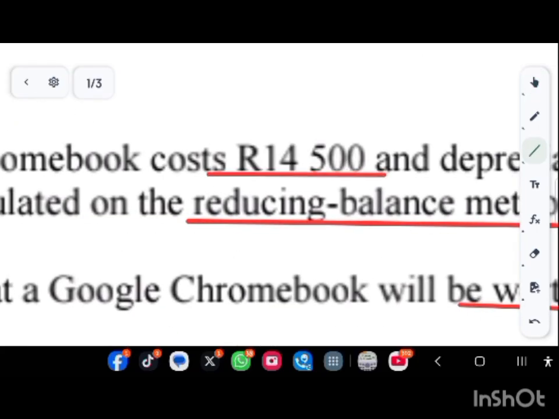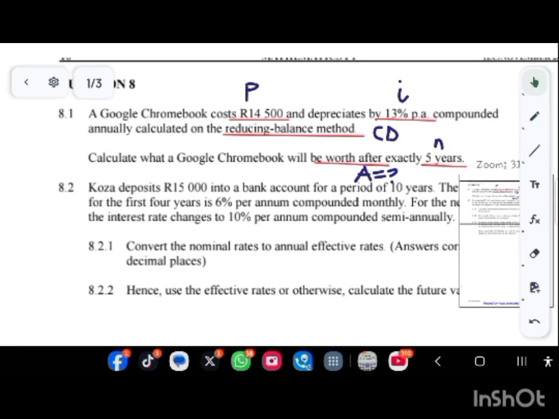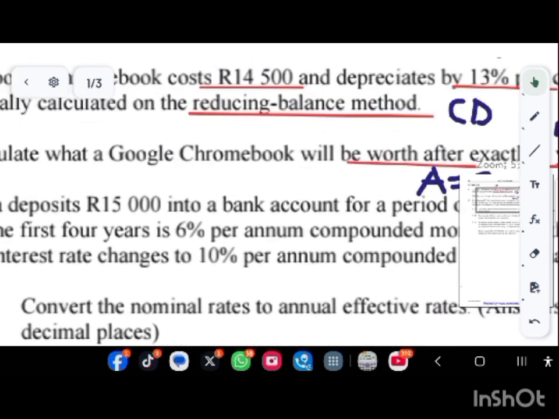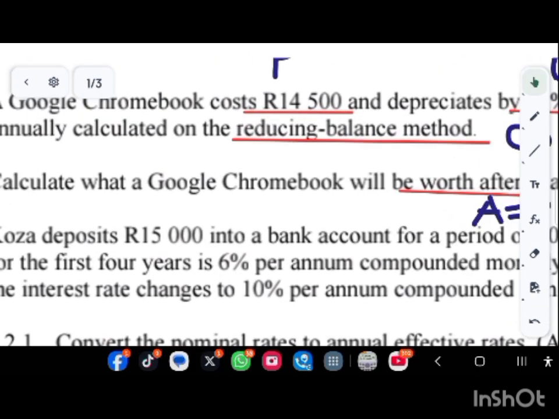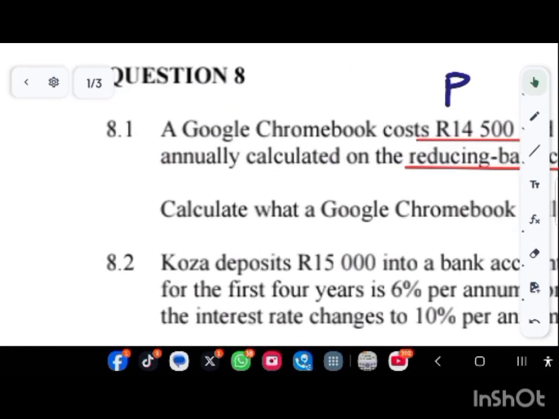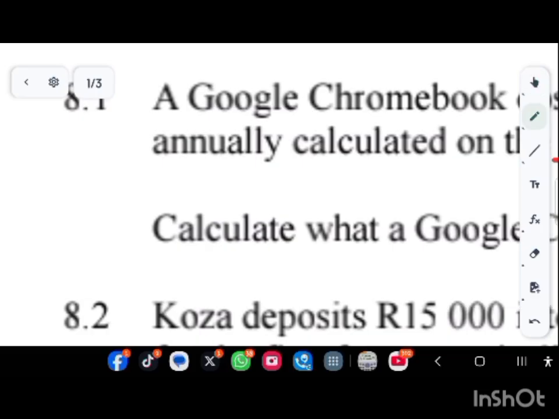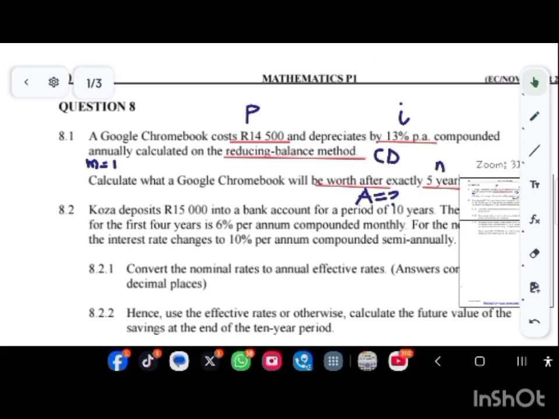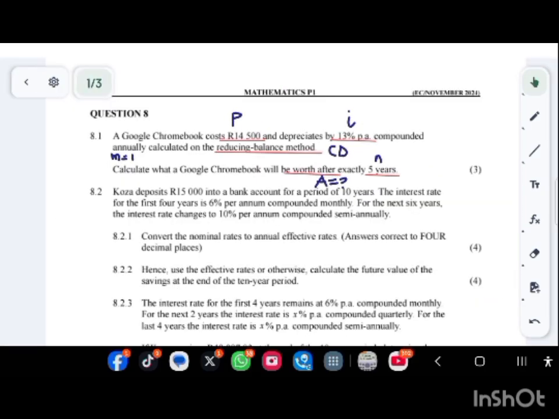So that is your big P. And we are told that this is compounded annually, so there are no funny ways you are calculating with this type of interest, because your small m or p, or whatever you want to use, is 1. Calculate what a Google Chromebook will be worth after exactly 5 years. So let's get down to it.